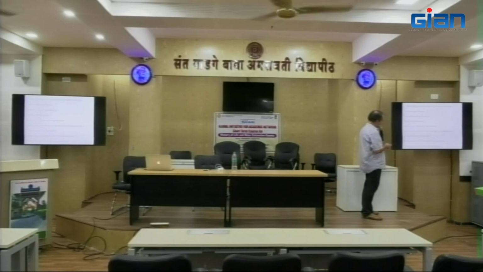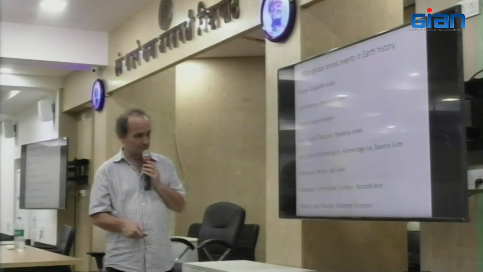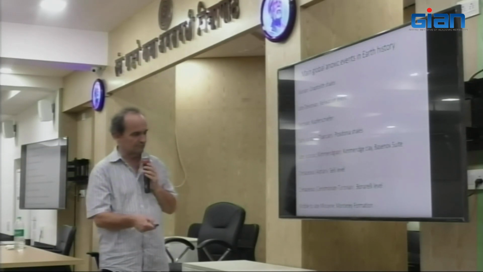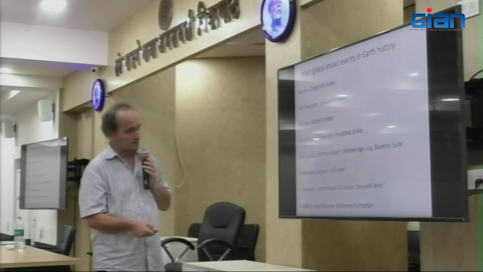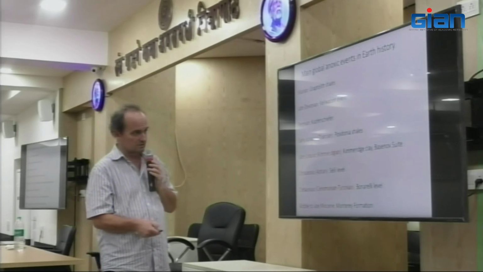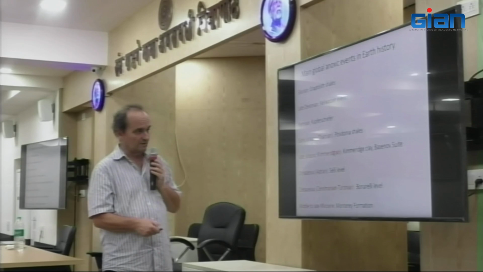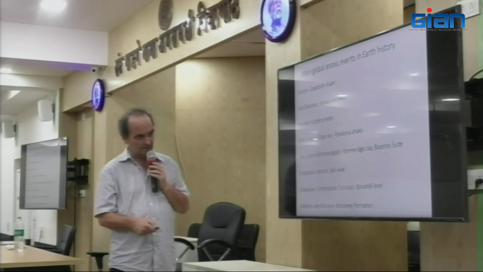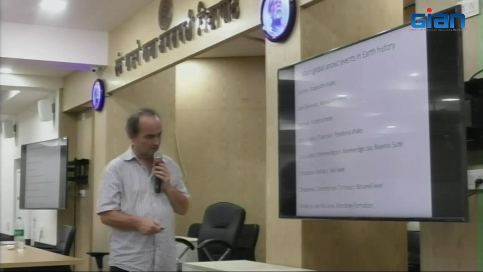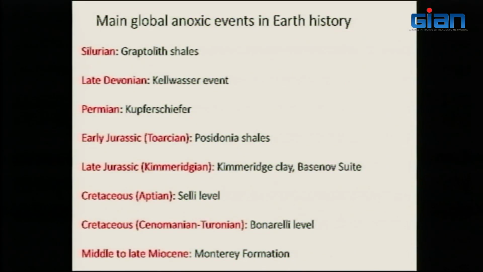Some in the Permian, but after that we have especially the one from the early Jurassic Toarcian, the Posidonia shale, and the late Jurassic Kimmeridgian, which are quite important also in England, in Siberia, in Mexico.